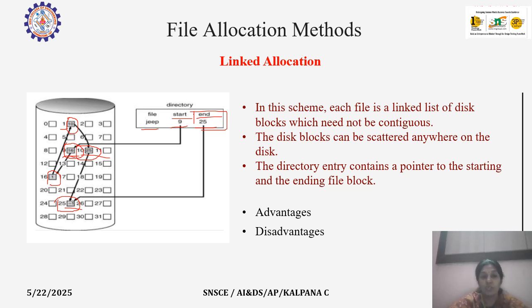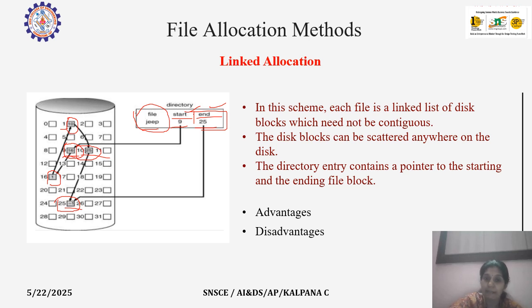To store a single file called Jeep, we require the starting address as well as the ending address, and in between, the blocks are linked. This is how the linked file allocation has been done.